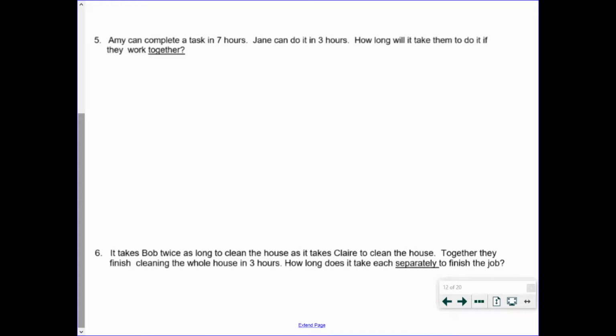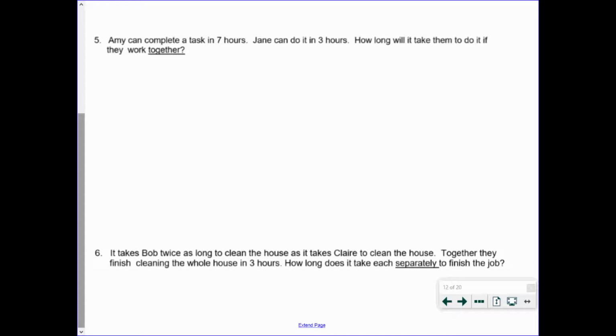So for number 5, we're told Amy can complete a task in 7 hours, and Jane can do it in 3 hours. How long will it take them to do it if they work together? If Amy completes it in 7 hours and Jane does it in 3 hours, we can use that equation to figure out how long it will take them to do the same job together. So remember, it's 1 over time 1 plus 1 over time 2 equals 1 over the combined time.